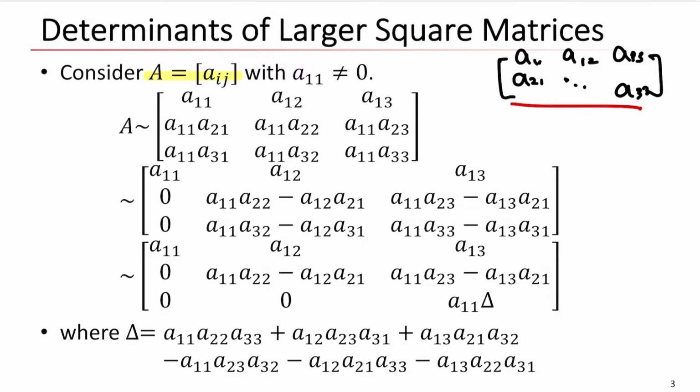So if A11 is not equal to 0, then we can multiply by A11 the second row and third row, right? Because we want to remove this one.